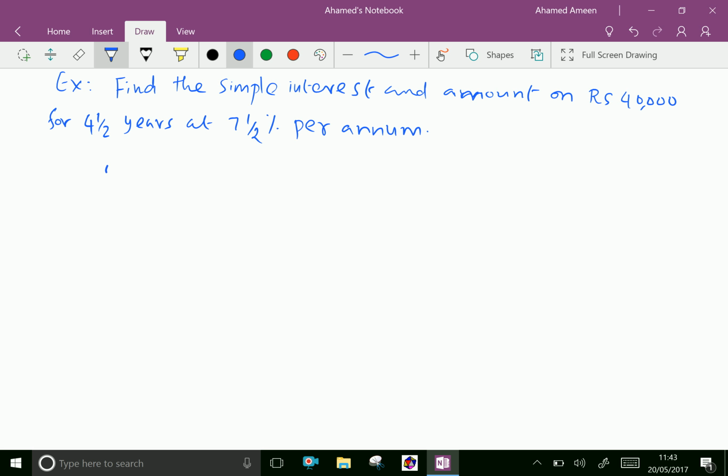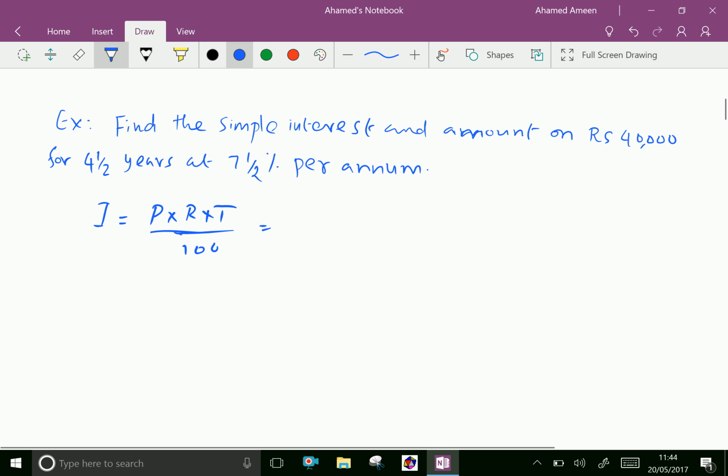First, simple interest I equals P into R into T upon 100, which equals, P is 40,000, and rate of interest is 7.5, into number of years 4.5, over 100.